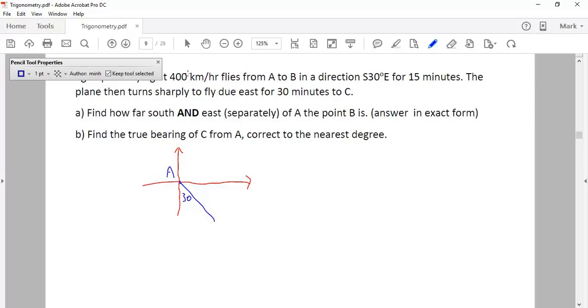At 400 kilometers an hour, 15 minutes is a quarter of an hour, so a quarter of 400 is 100 kilometers there. The plane then turns sharply to fly east for 30 minutes to C. That's point B, it goes east to C. Half an hour, so that's 200 kilometers.